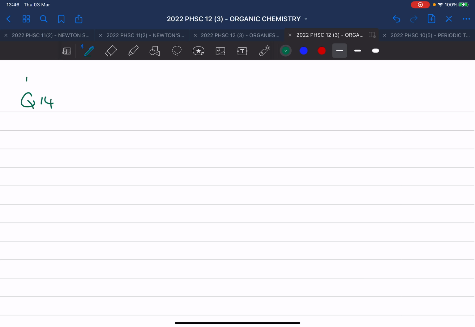So question 14 on page 22 in your exam booklet. As question 14 says, 3 compounds are used to investigate one of the factors that influence boiling point. The results obtained are shown below.